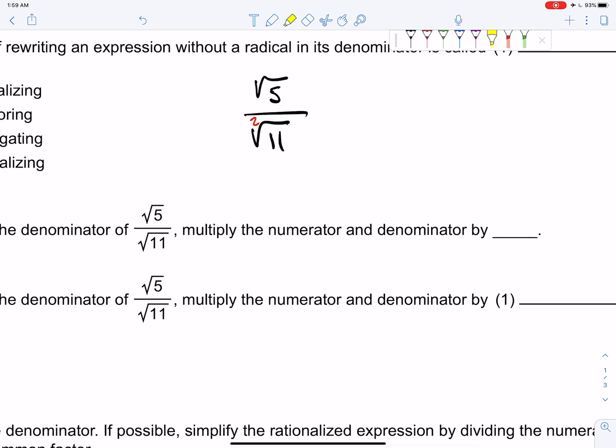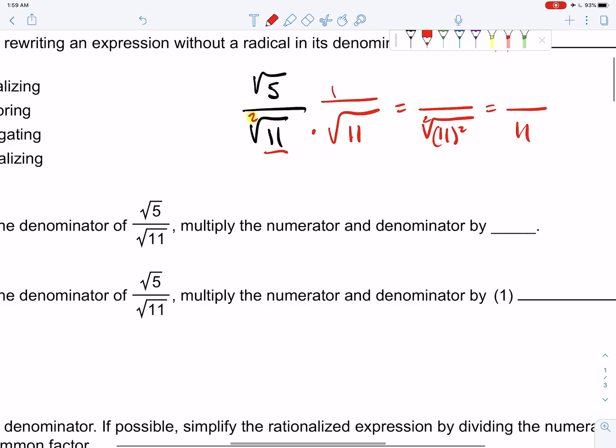That lets us know that we need two of the same factors to simplify something in the radical. So notice I do have 11. Well, if I multiply it by the square root of 11, then I'm ultimately going to have two of them, which means the power matches the index, and I've just rationalized the denominator.